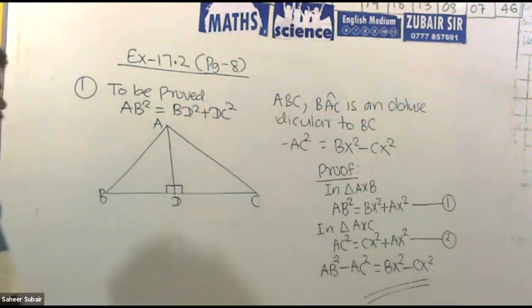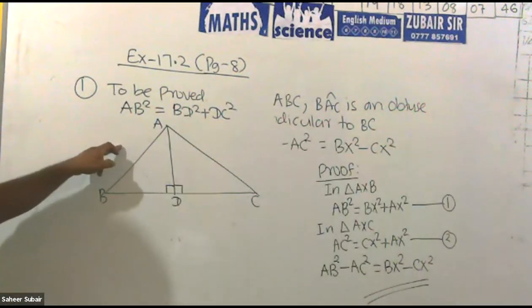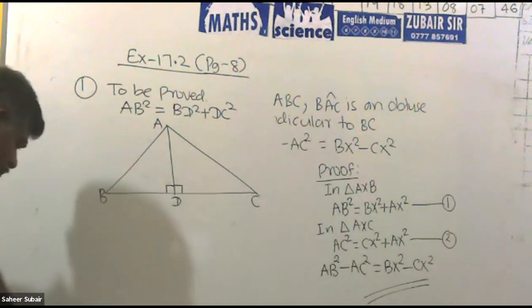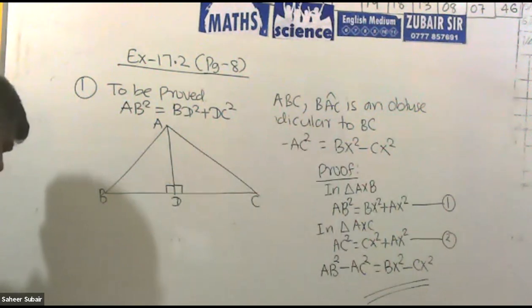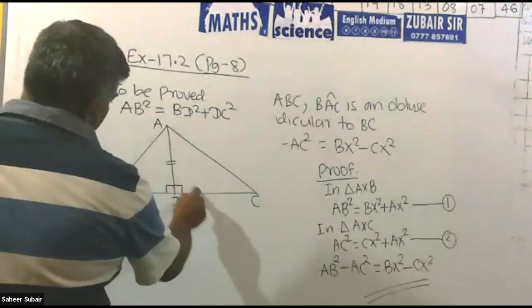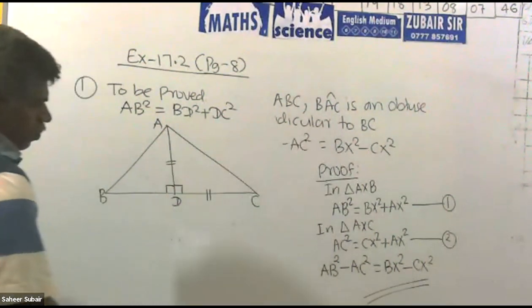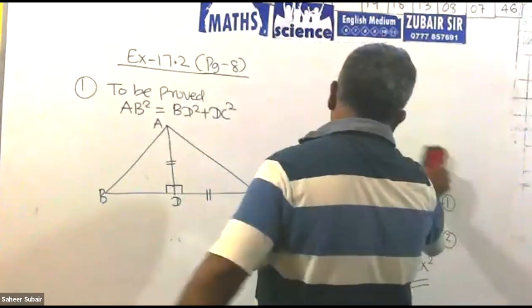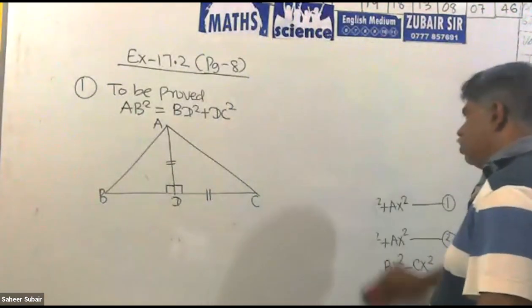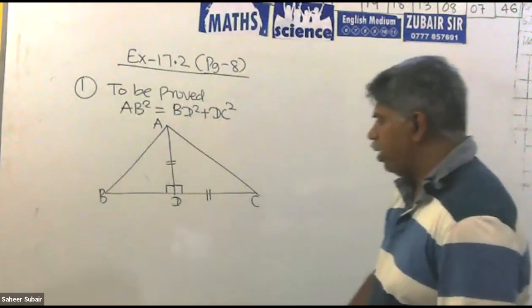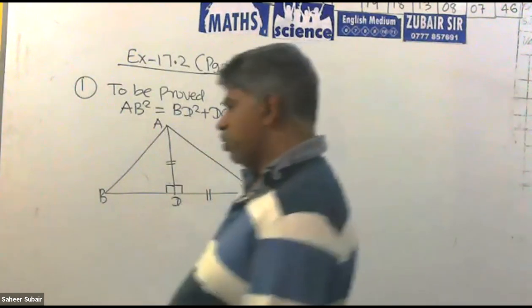You have to prove that AB squared is equal to BD squared plus DC squared. Also given AD equal DC. AD and DC are equal. Then just give a try and see whether it is possible.